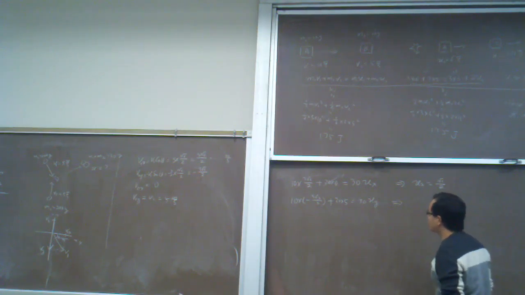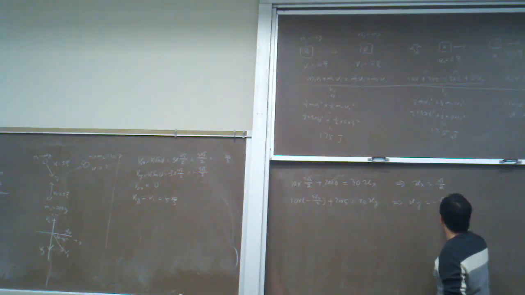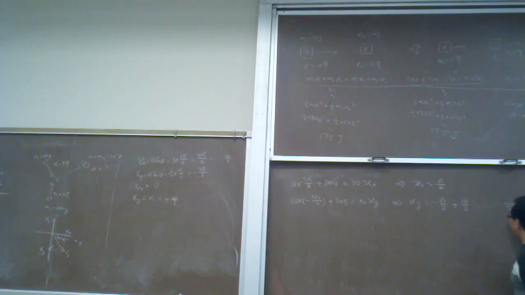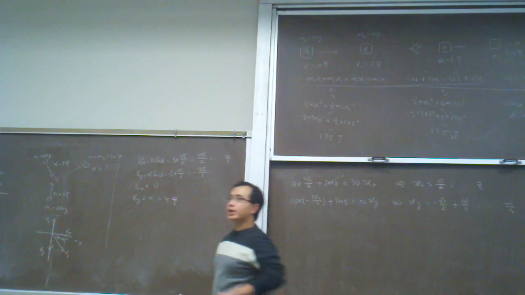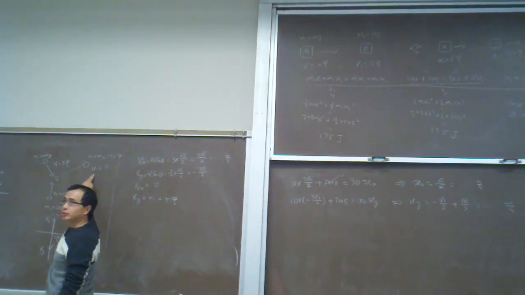So this will give you uy equals negative square root of 2 plus 10 over 3. Okay, here you can get some number in meters per second. So that will give you ux and uy, the x and y components of the final velocity.